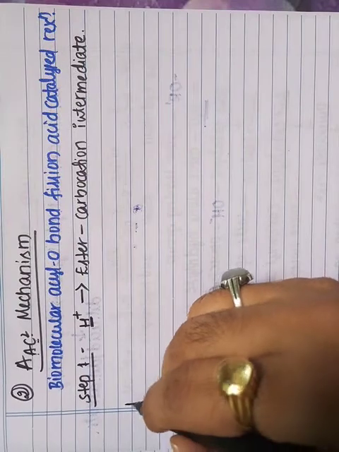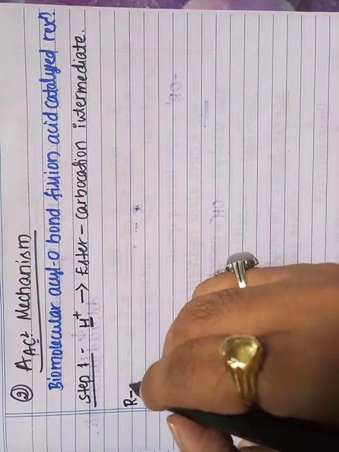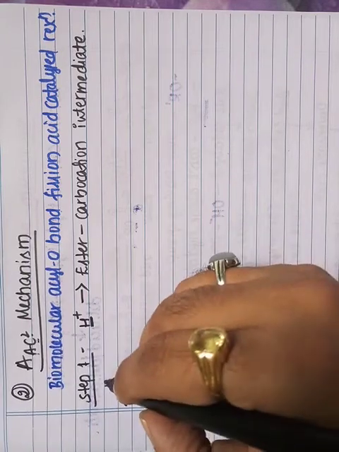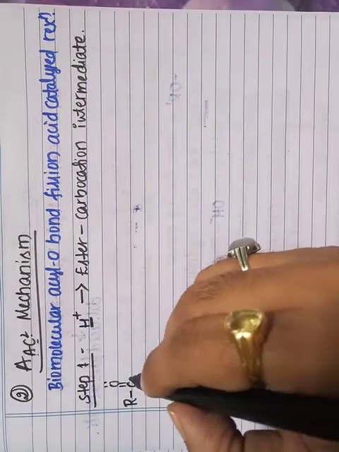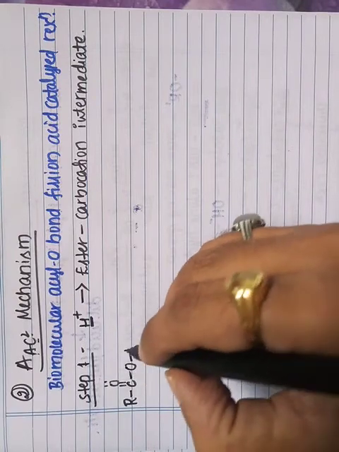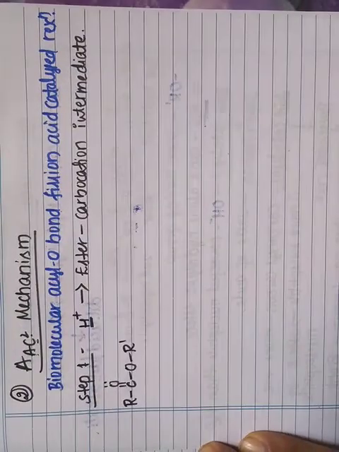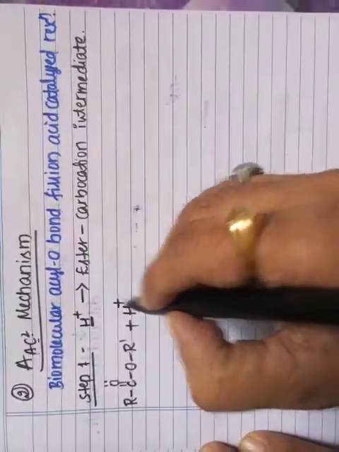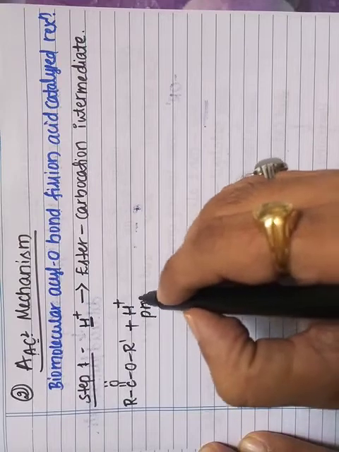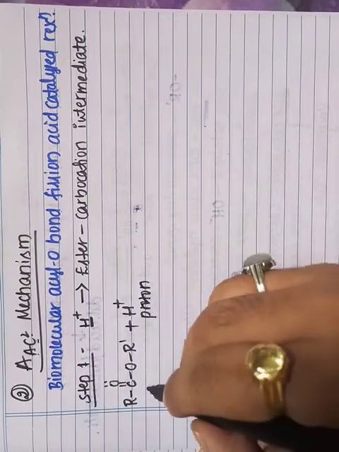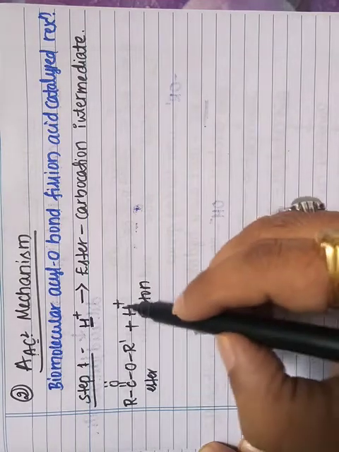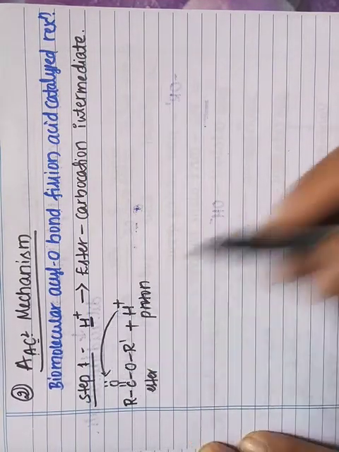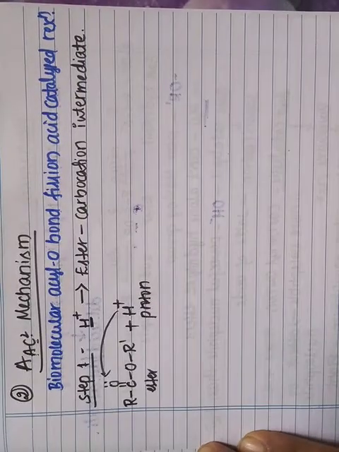So let us write the ester. There is a lone pair of electrons on the oxygen atom of the ester. The proton produced from the dissociation of the acid will attack the ester.